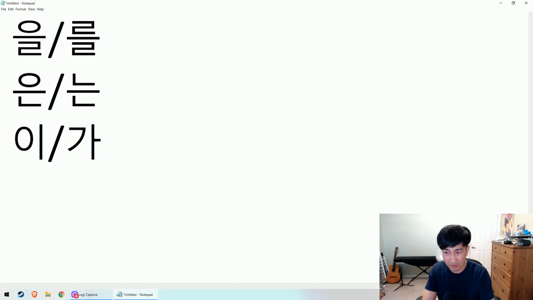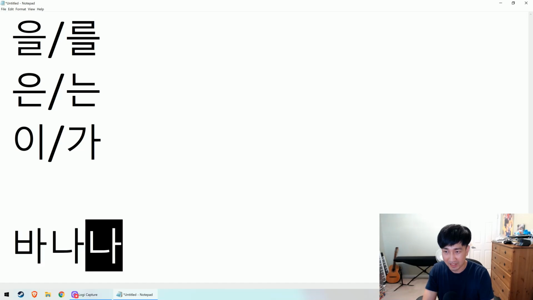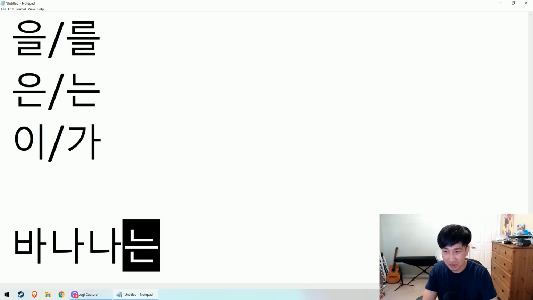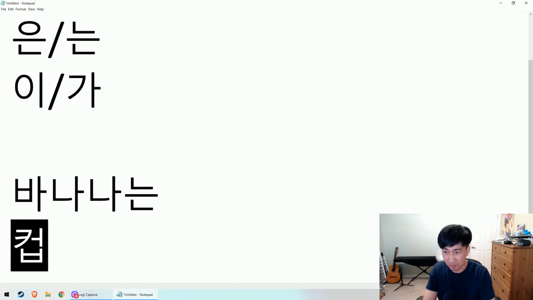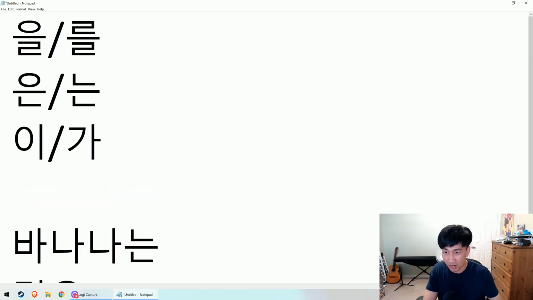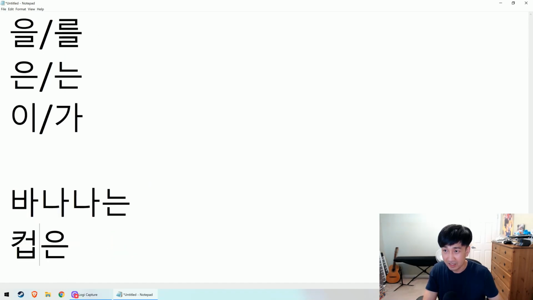For example, sometimes you might write banana nun, but then you'd write cup un. Why did banana use this version of the particle, and why did cup get this version? It means the same thing, but why?